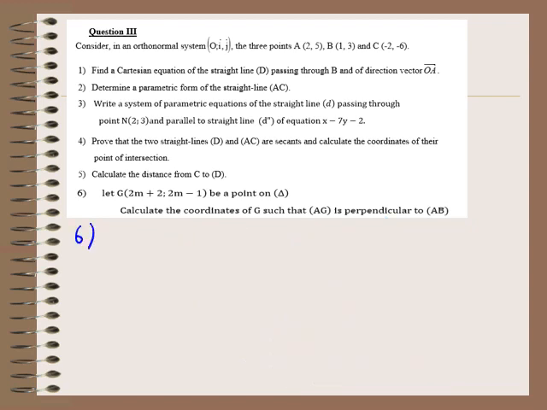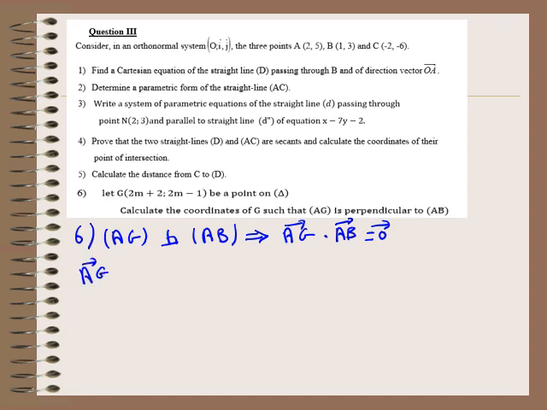Part 6. Let G (2m plus 2, 2m minus 1) be a point on delta. Calculate the coordinates of G such that AG is perpendicular to AB. We are given that AG is perpendicular to AB. Therefore, AG dot AB equals 0, since they are orthogonal.